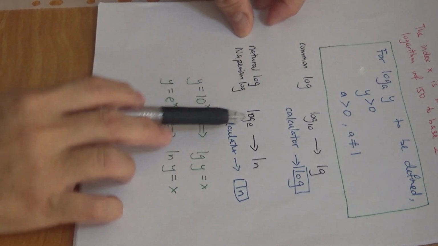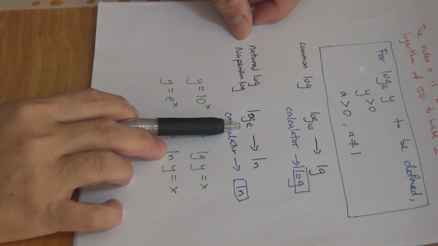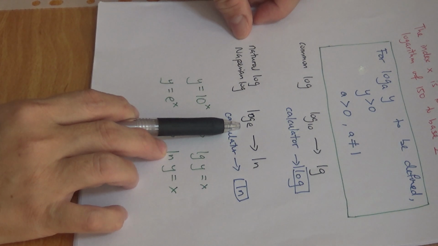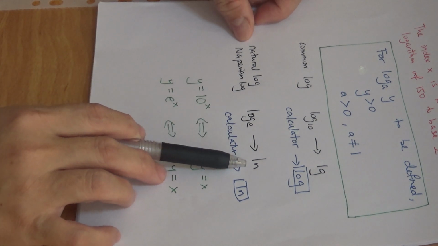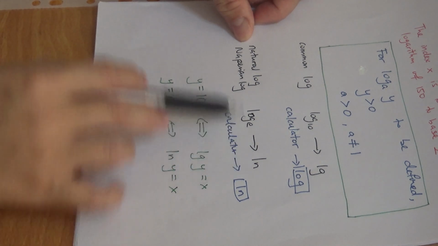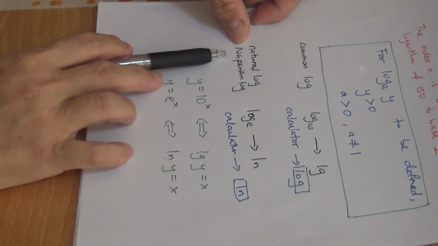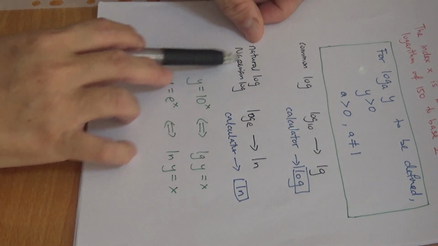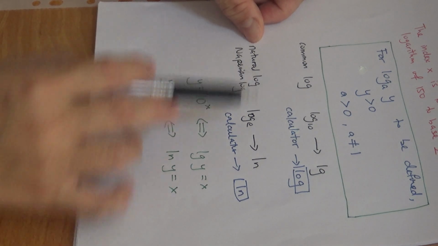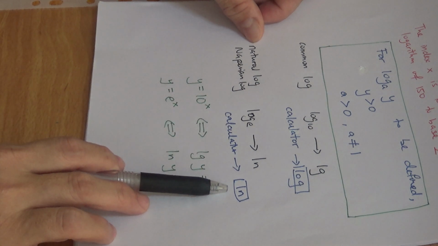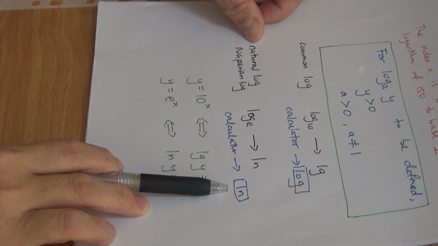Next, if you have log to base e, we know that e is a special number, 2.718 and so on. We short form it to ln. It's called the natural log or the Napierian log. Usually we just call it the natural log, and on the calculator it is the button ln.